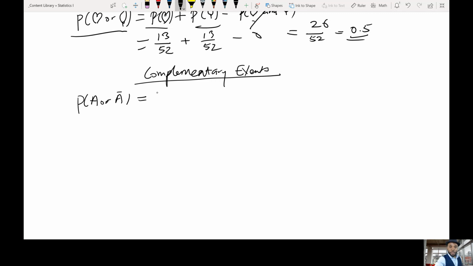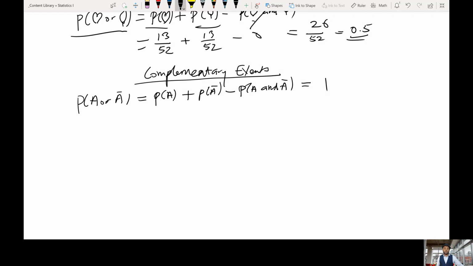Using the addition rule, this equals the probability of A plus the probability of A complement minus the probability of A and A complement occurring in a single trial. Now we know that the total probability should be equal to what? 1.